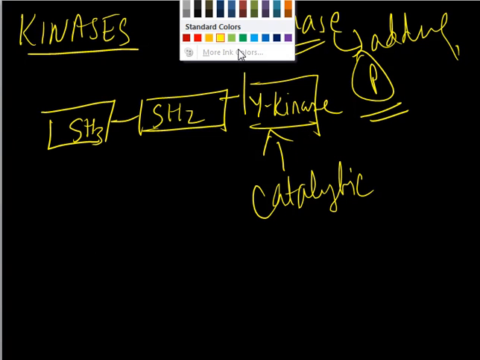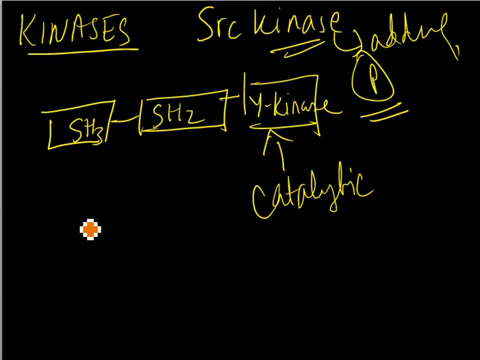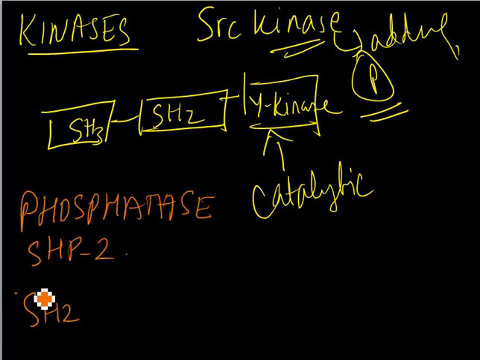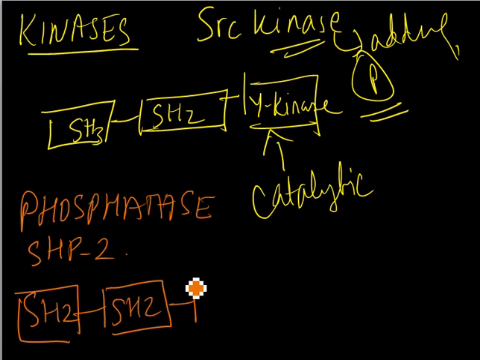Next example, just going to use a different color, is phosphatase, so just the opposite of a kinase. Phosphatase, and we'll use the example SHP2. Now this looks a little bit different. It has an SH2 domain, then it has another SH2 domain, and then it has a phosphatase domain.